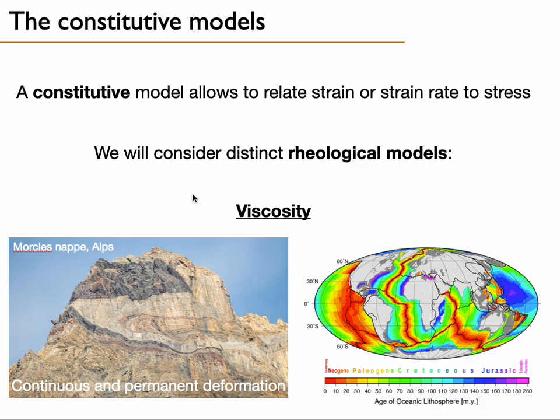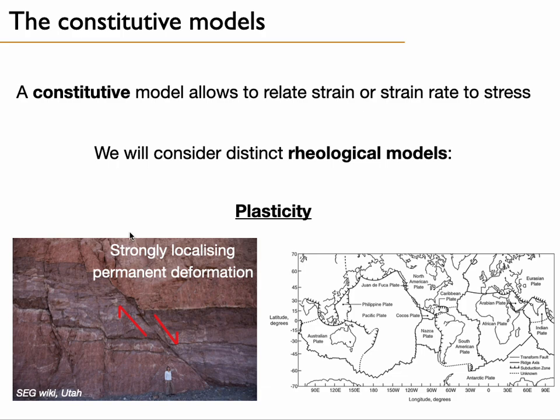There will be one for viscosity, which can explain continuous and permanent deformation. And we will need also to formulate the effect of plasticity on the constitutive models. Plasticity will be the mechanism that will allow to localize deformation, such as in fault zones or shear zones located at plate boundaries.